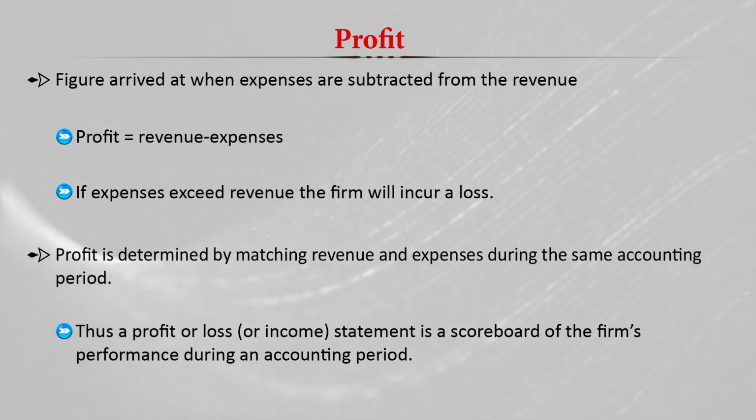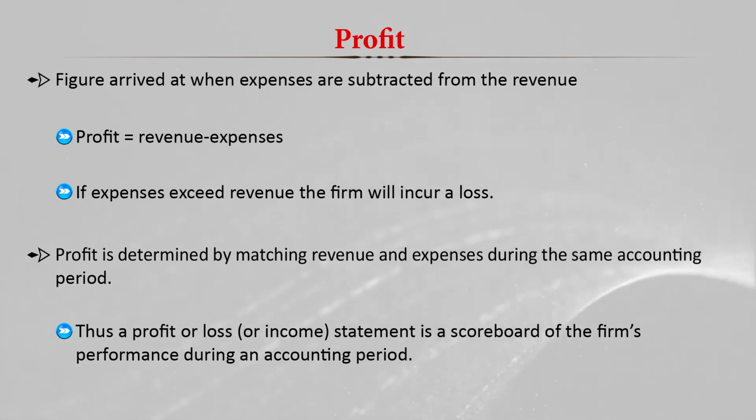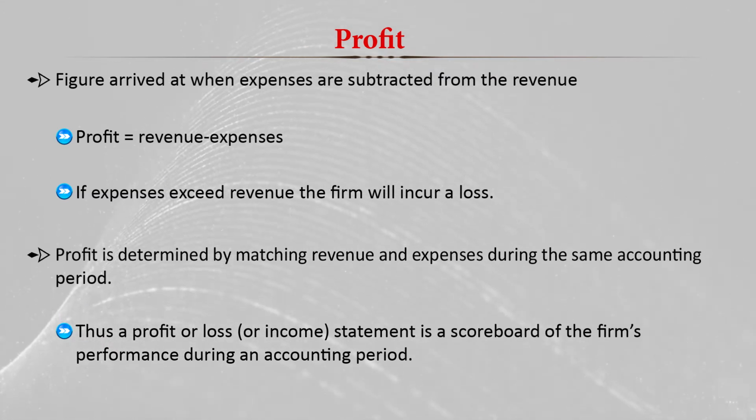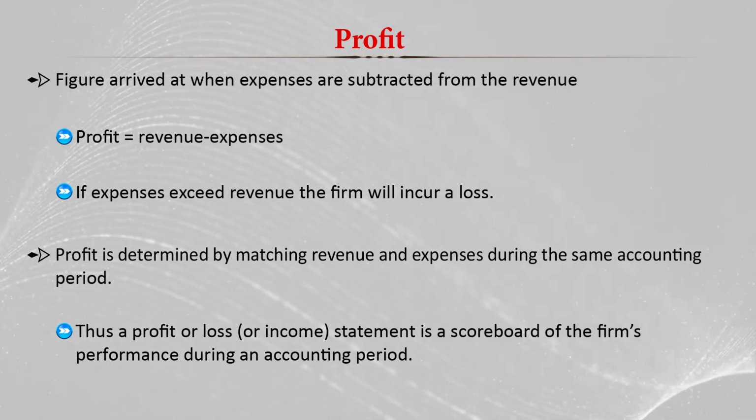So from this figure of the profit, we can judge the financial position of the firm. That is basically the scoreboard, and from this scoreboard we can have an idea. We can judge the firm, their operations, their financial strength.